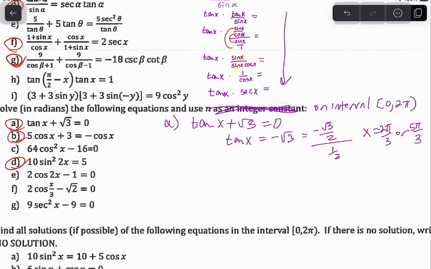Let's do B. Now, I'm going to use the U technique in this one. I'm going to let U equal the cosine of x. So every place I see a cosine, I'm going to take it out and put a U. You can put any variable you want.